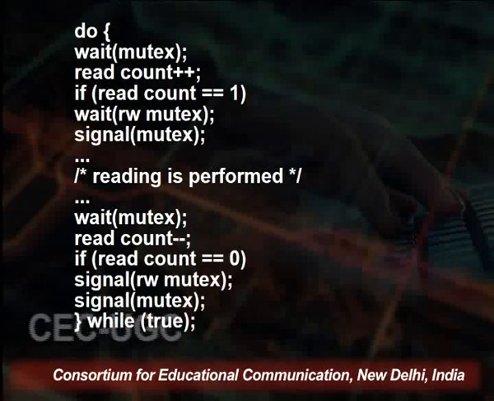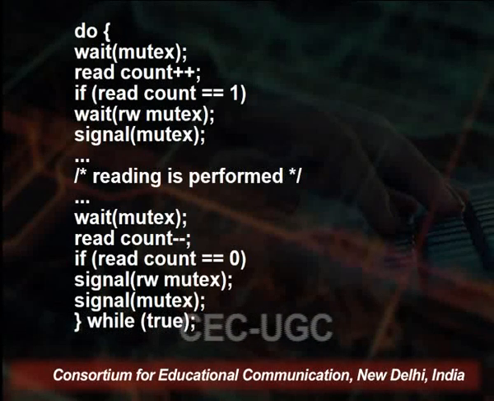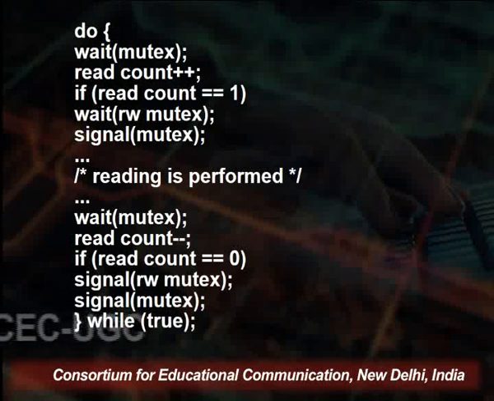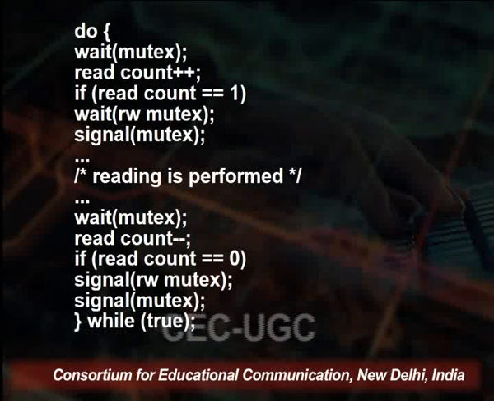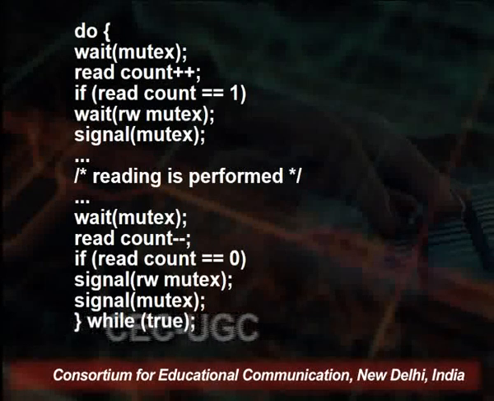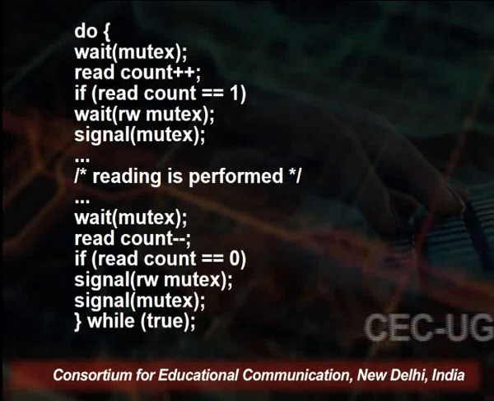Then again wait on the mutex is acquired, just to decrement the count, because now one process is releasing, and if read count equals 0, we release the mutex and the RW mutex both.